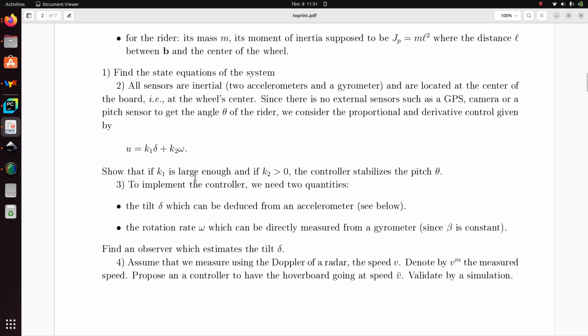So now we have to prove that if the coefficients K1 and K2 satisfy this condition, so both should be positive, but K1 should be large enough, then we are able to stabilize the pitch angle theta.